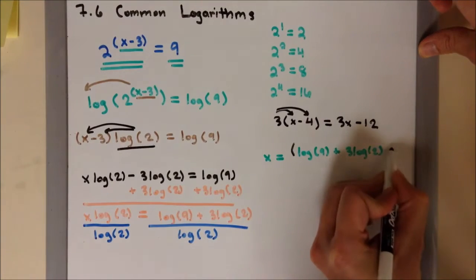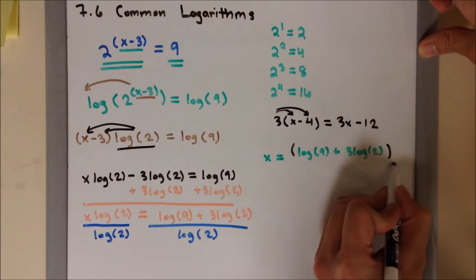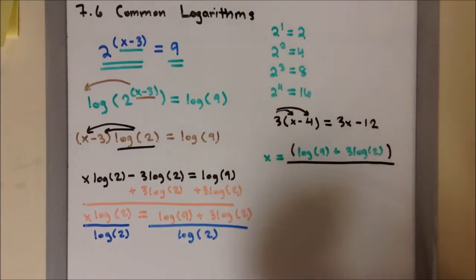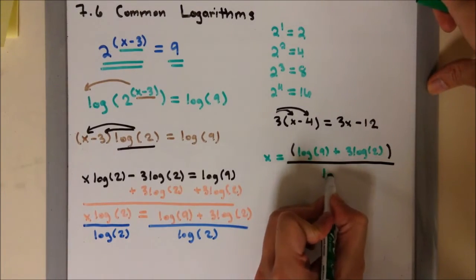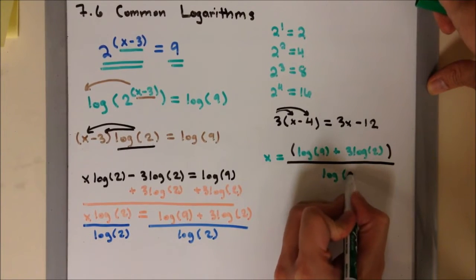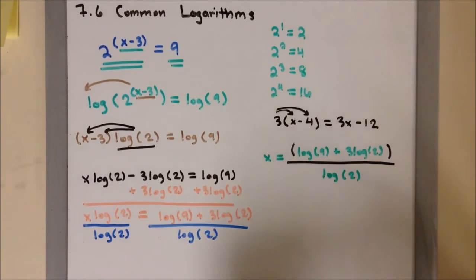Here's my open and then therefore my close, over my denominator, which is log of 2. That one will have its own parentheses right here.